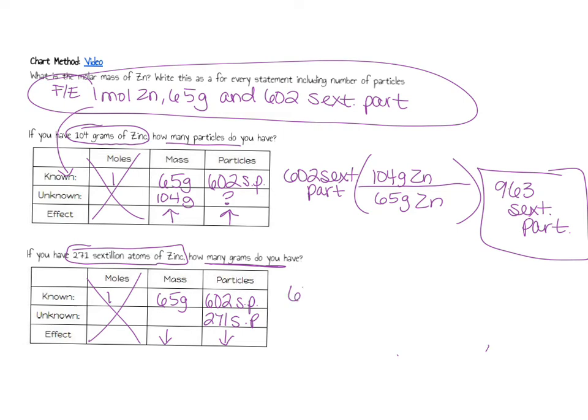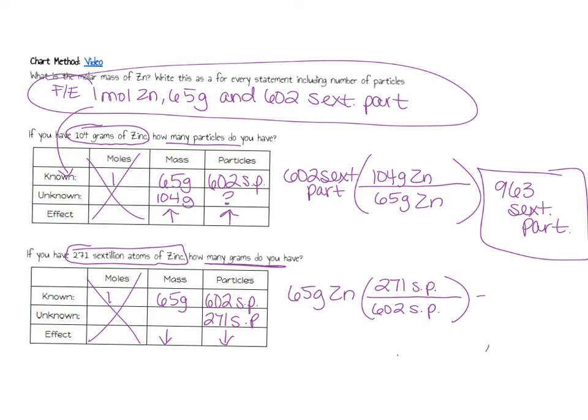So I'm going to start with my 65 grams of zinc, and I'm going to multiply it by a factor that's going to make 65 less. So we're going to put the 271 on top, and we're going to put the 602 on the bottom. And again, I would recommend doing 271 divided by 602, enter, times 65.